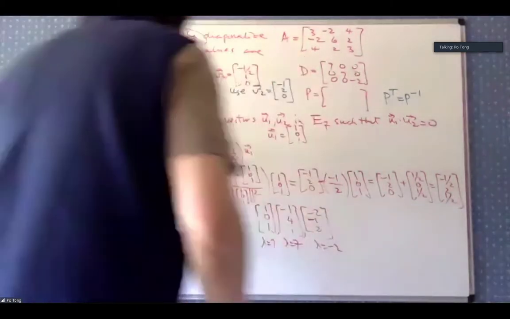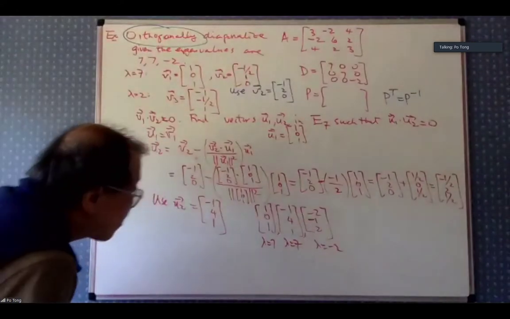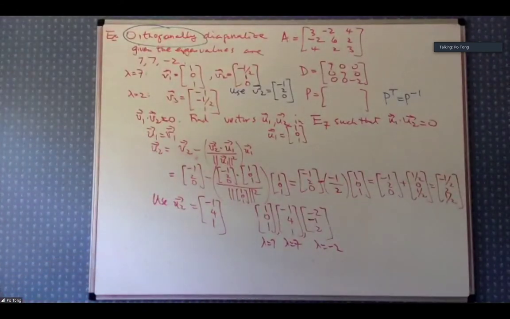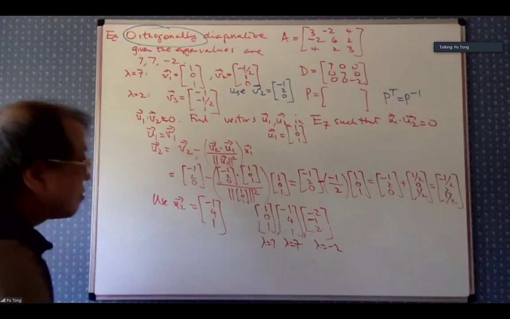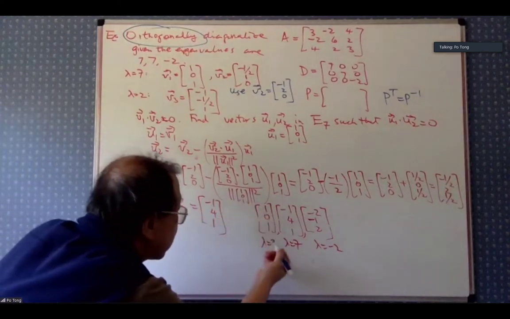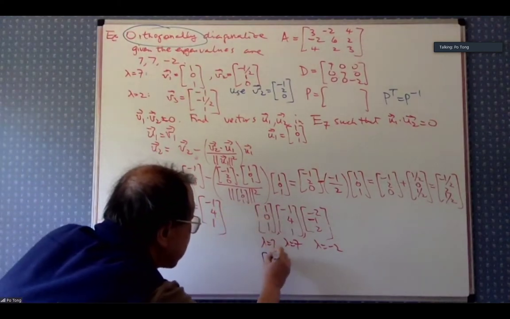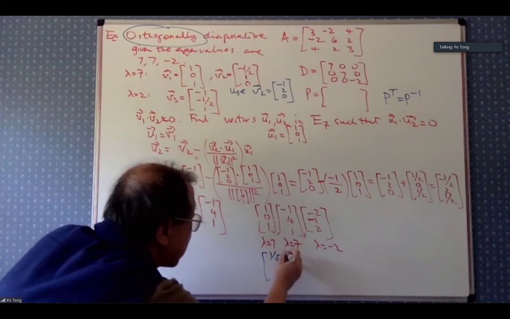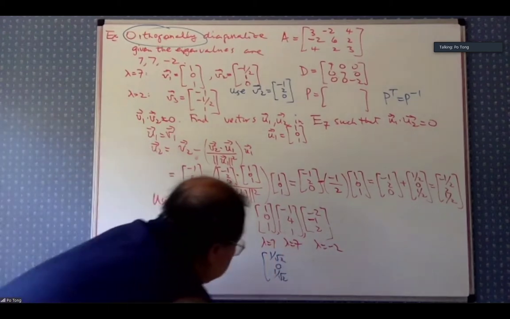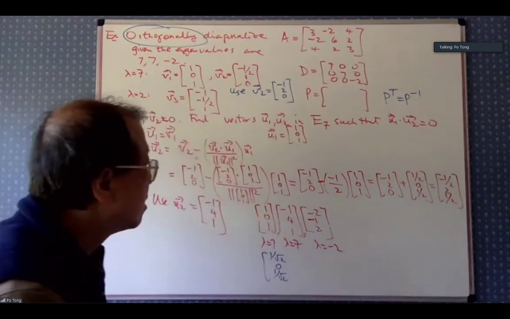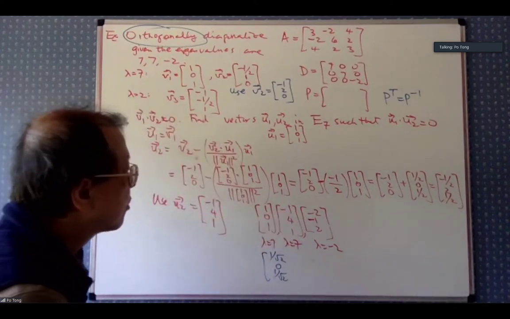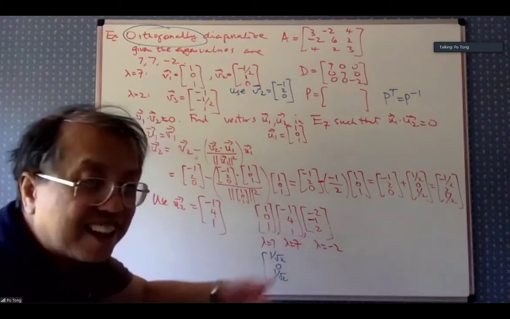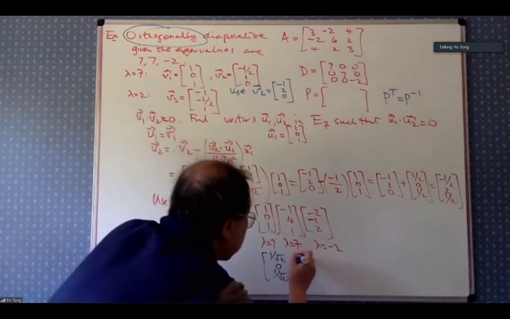So I will have to modify these. The magnitude of the first is square root 2, so 1 over square root 2, 0, 1 over square root 2 is the first one. The second one has magnitude square root of 18, which is 3 root 2.